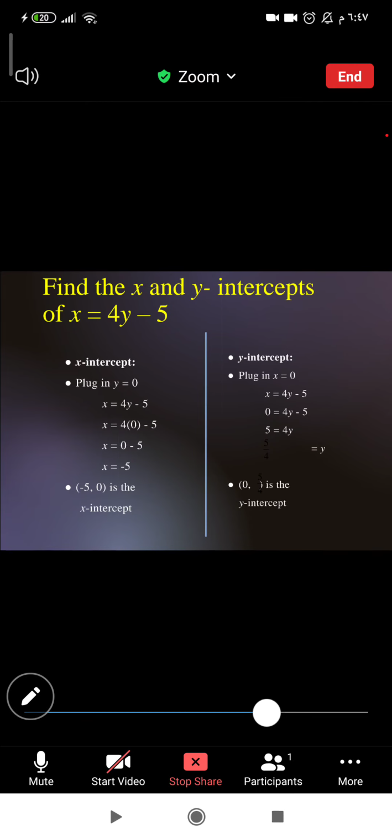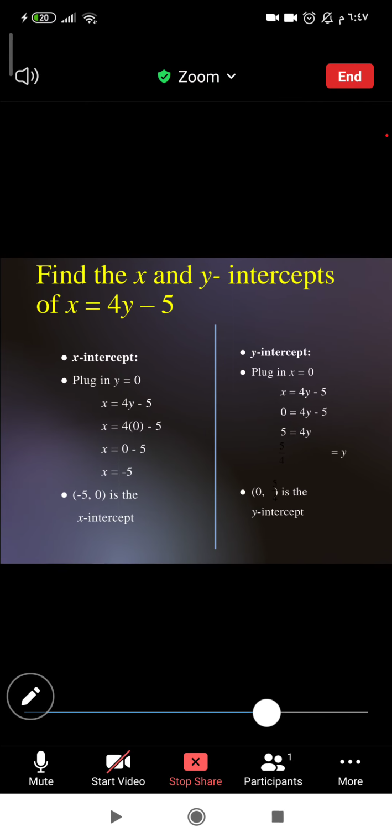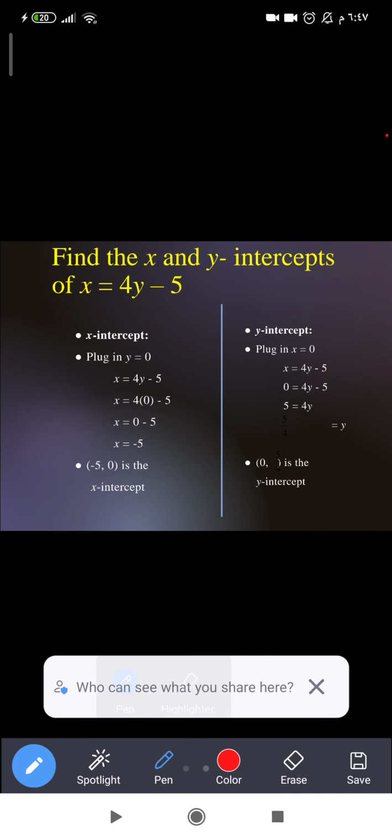Find the x and y-intercept in the equation. Okay, if I want the x-intercept, I will plug in just y equals 0 in the equation. So I will find x equals -5, and this point is called the x-intercept.